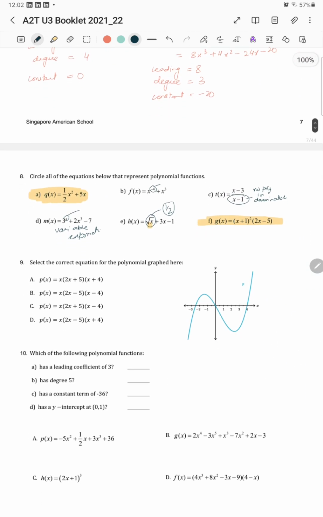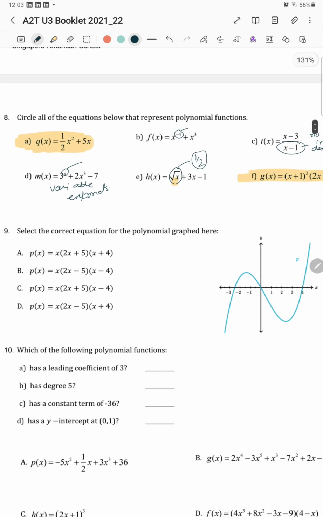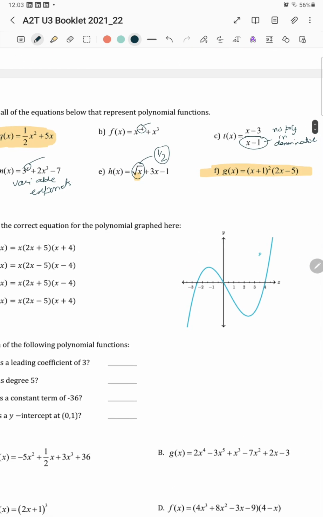Select the correct equation for the polynomial graph here. First of all, it is a polynomial of degree 3. So the zeros are 0, 4 and -2.5.